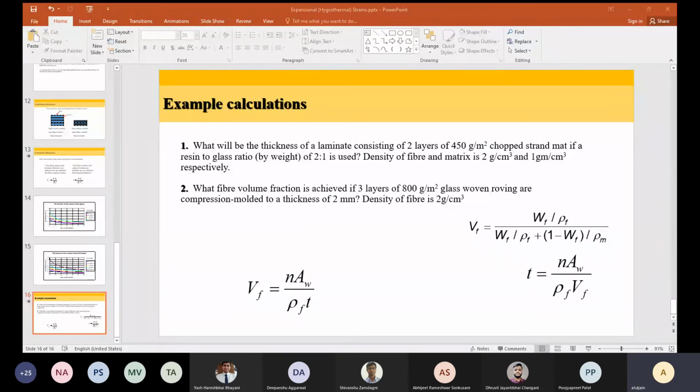So you cannot write the number of layers is 4.7. The correct answer is going to be either 4 or 5. So how do you find out whether it is 4 or 5? Usually while making a composite laminate, we prefer an even number as compared to an odd number. So the answer is typically the nearest even number. So if the answer is 4.7 layers, then the correct answer should actually be 4.